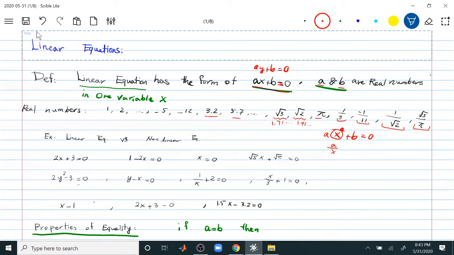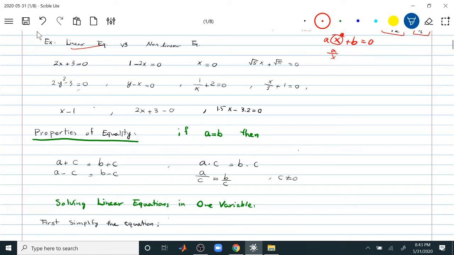There are certain examples of linear equations and nonlinear equations. Whatever is not linear, we consider a nonlinear equation. Here, let's look at a couple of examples. For example, 2x plus 3 equal to 0. 2 is your a, you have ax, and 3 is your b, equal to 0.